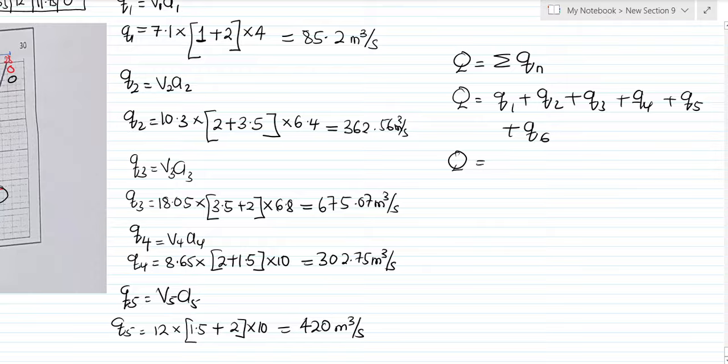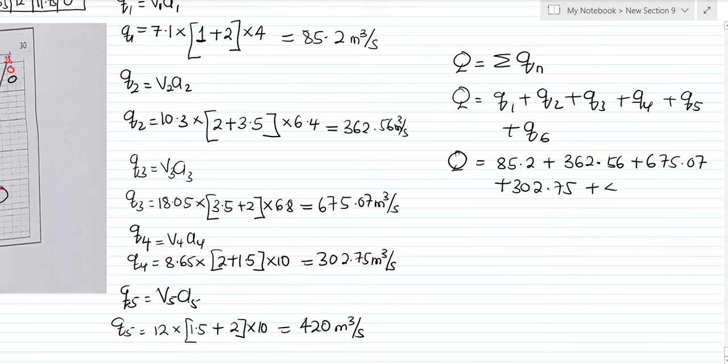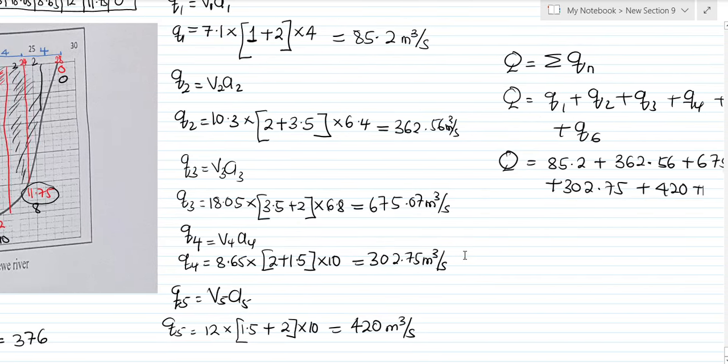And so the total will be equal to 85.2 plus 362.56 plus 675.07 plus 302.75 plus 420 plus 376.